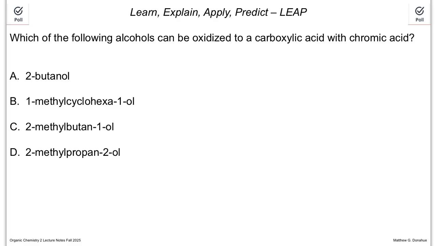So it says, which of the following alcohols can be oxidized to the carboxylic acid with chromic acid? So we'll draw the structures, then we'll classify them, then we'll see what's good. So 2-butanol. 1-methylcyclohexan-1-ol. 2-methylbutan-1-ol.